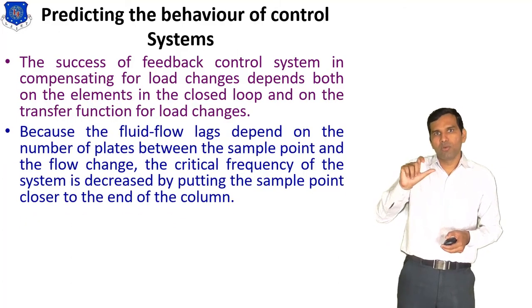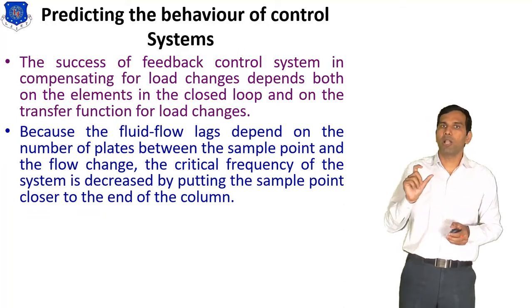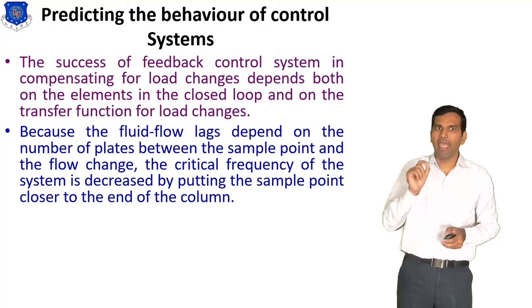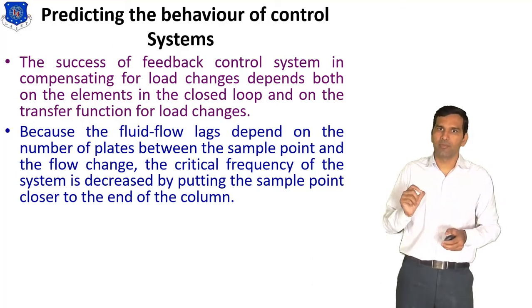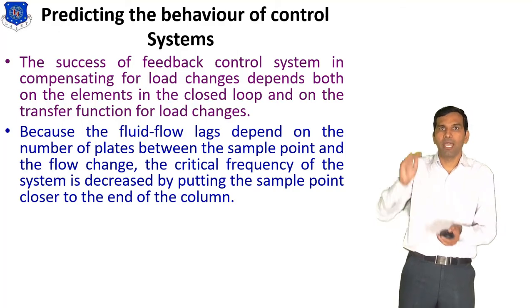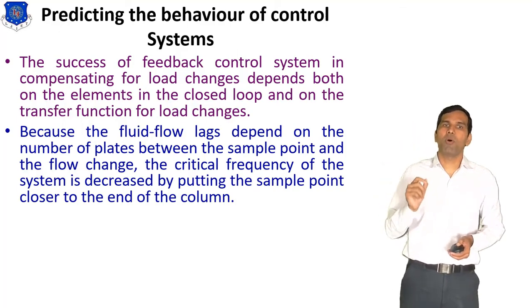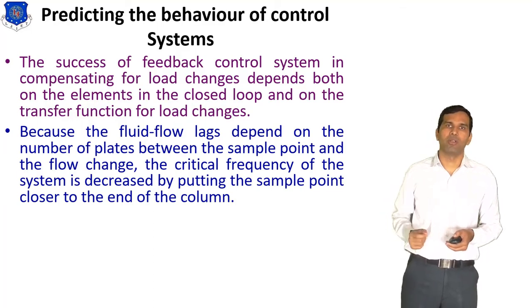Because fluid flow lags depend on the number of plates between the sample point and the flow change, the critical frequency of the system is decreased by putting the sample point closer to the end of the flow.